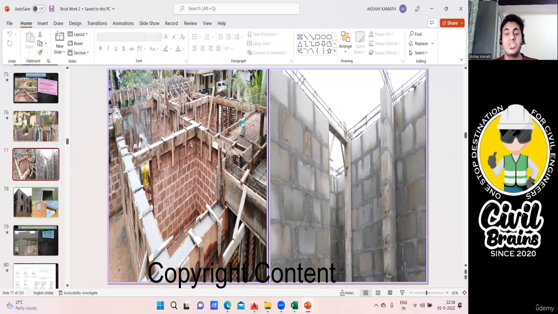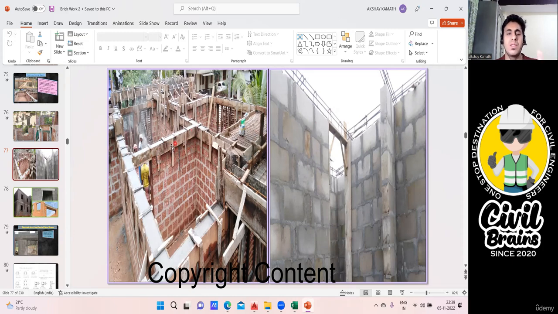But in some industrial projects, we construct the brickwork later. First we put the lintel and after that we construct the brickwork. In that case, you need to put the bottom, because if you don't have brickwork or blockwork, you have to put the bottom. So in that case, you have to calculate the bottom also. But here we'll consider that the brickwork has already happened up to 7 feet height and then I'm doing the shuttering.